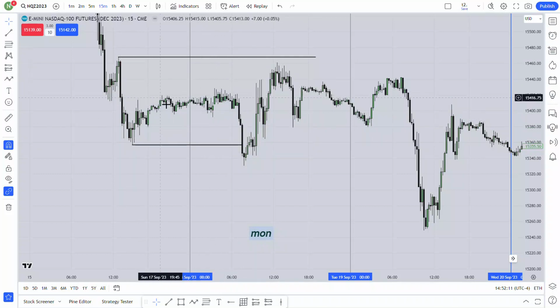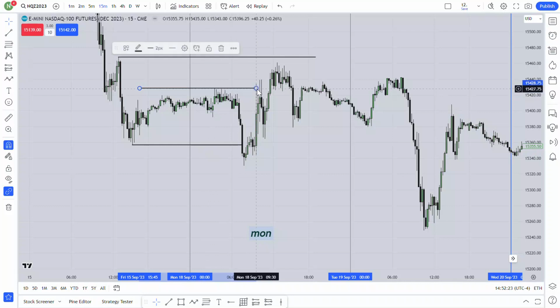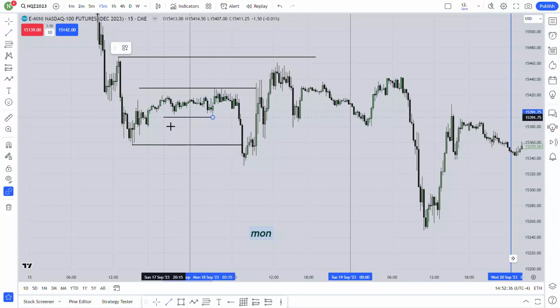In the meantime, if you look closely, there are some highs over there, so I'll mark them as well. And if you look over here, these are also your liquidity. And this low, I'm sorry guys, these lows, not that one, this one, this is also your liquidity.